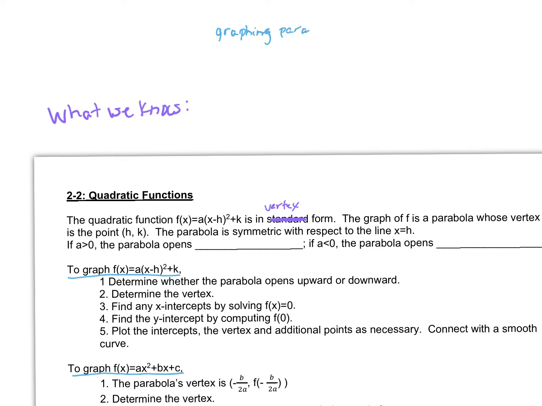So if you think about what we know about parabolas and the shape of those graphs, we know that depending on what the value is for our A, our value out front, the graph either opens up or down.